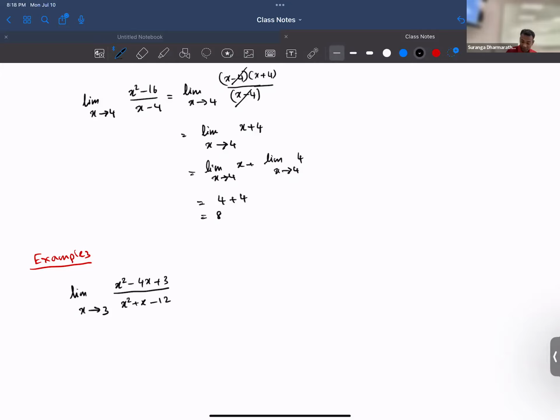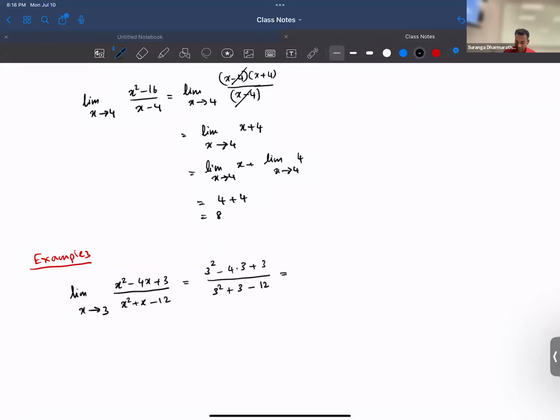So if I substitute 3, the first term, what would happen? If I do substitution, 3 squared minus 4 times 3 plus 3 divided by 3 squared plus 3 minus 12, right?